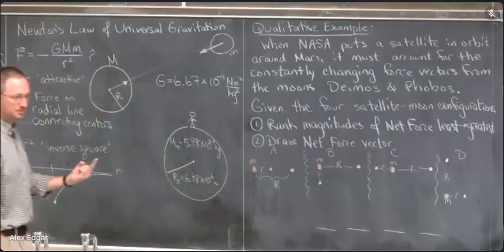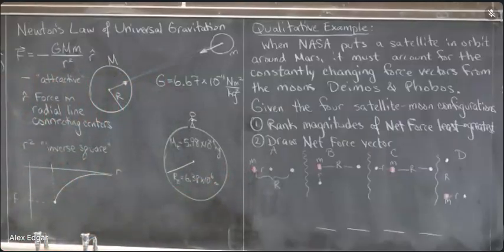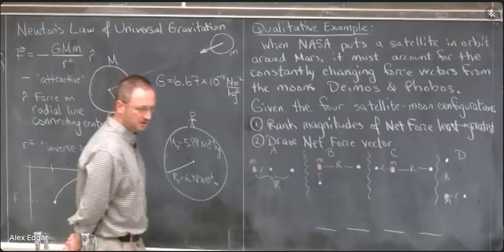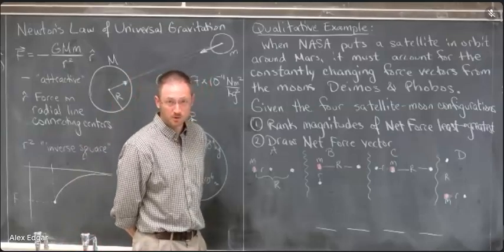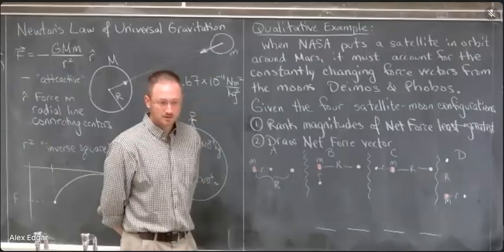Ready, set, go. All right, if you need more time to think about this, pause the video and continue thinking. And when you've come up with your answers, then hit play.